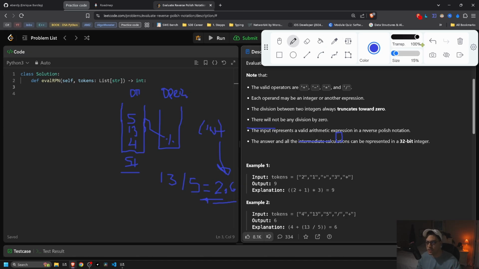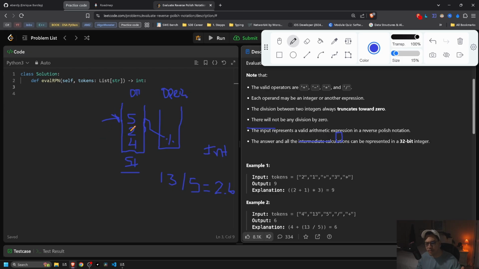So 2.6, I'm gonna do this. We could technically say, okay, store 2.6 right here, or 2, okay? We're gonna truncate that into an integer, and we're going to store that here. So we're gonna have 2 here, and we can get rid of this element.